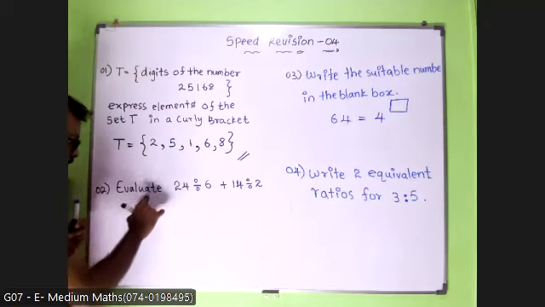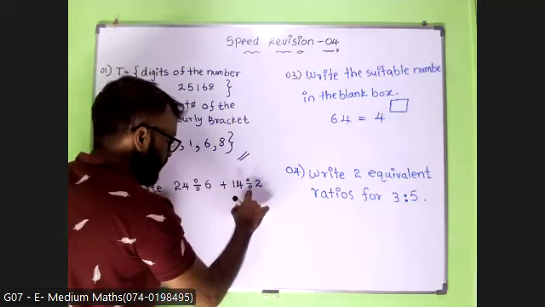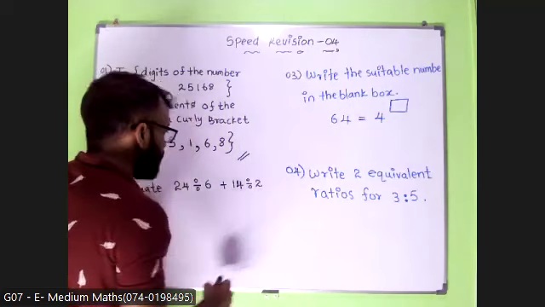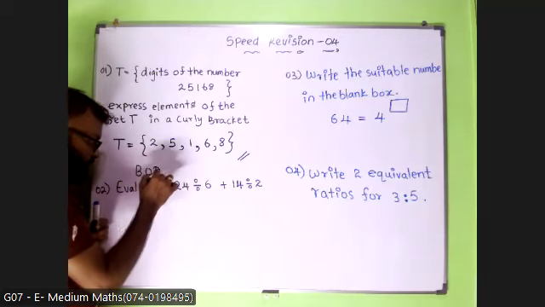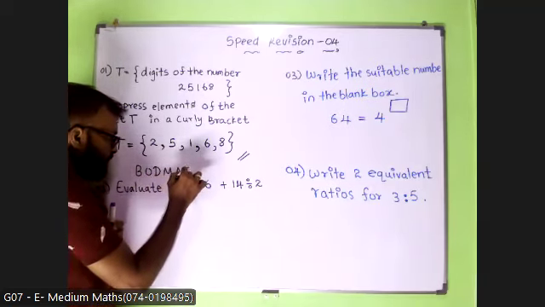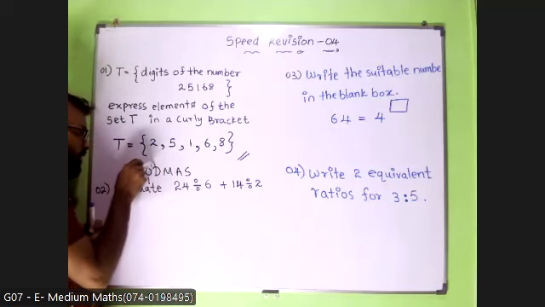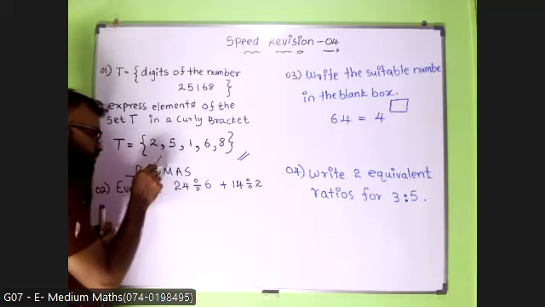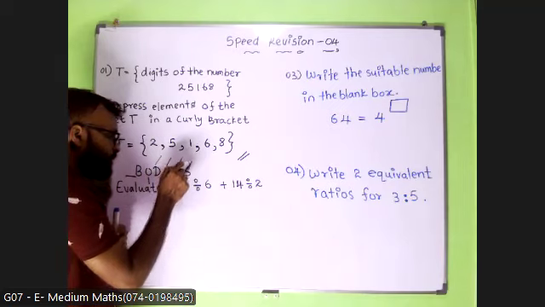Second one, evaluate 24 divided by 6 plus 14 divided by 2. Right? So if you are familiar with BODMAS: B means bracket, O means of, D means division, M means multiplication, A means addition, then subtraction.